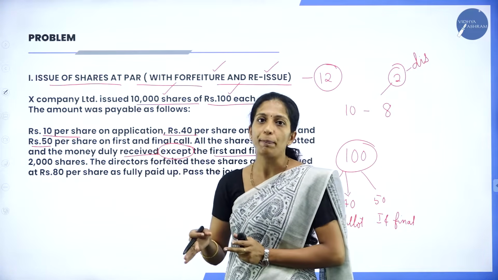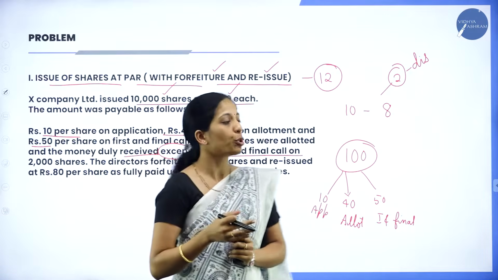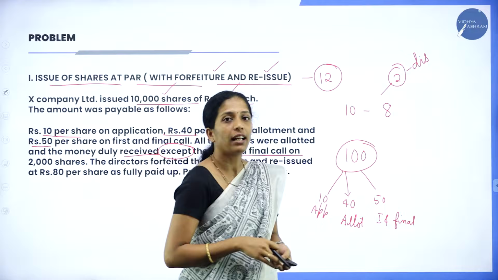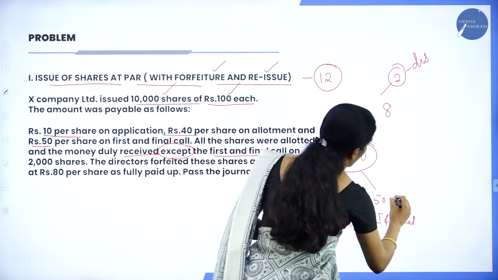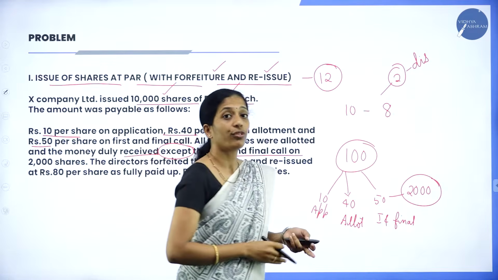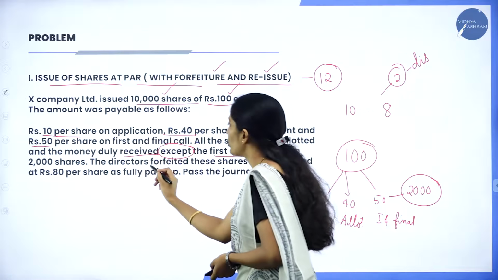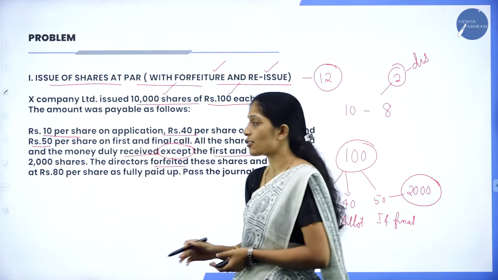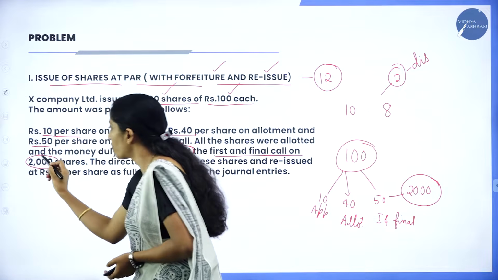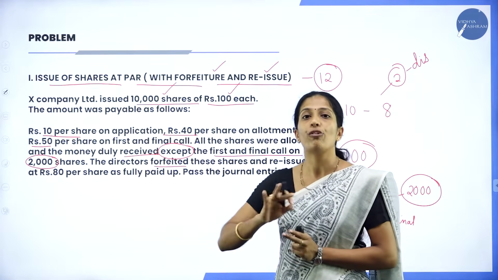They have all paid the amount except 2,000 shareholders, who fail to pay the first and final call amount. The directors forfeited those shares. That is, for the 2,000 shareholders who have not paid the first and final call, the directors have decided to forfeit their shares.